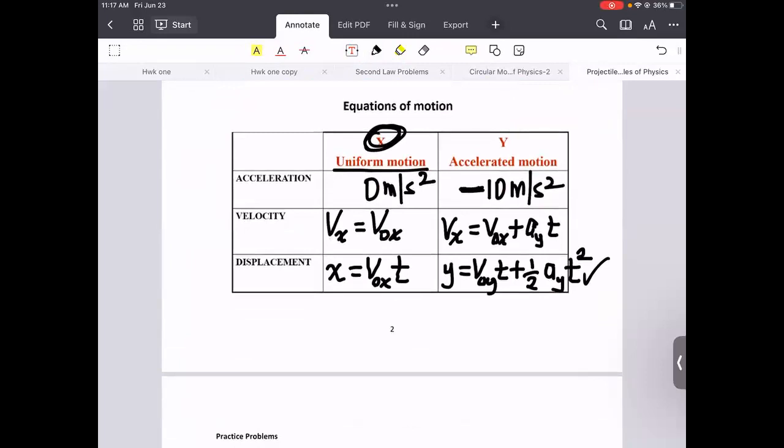I forgot, so these ones were supposed to be Vy. I had to put Vx, but it's Vy. That's the equation to find the velocity. Sorry about that, I hope I'll fix it when I post the video.